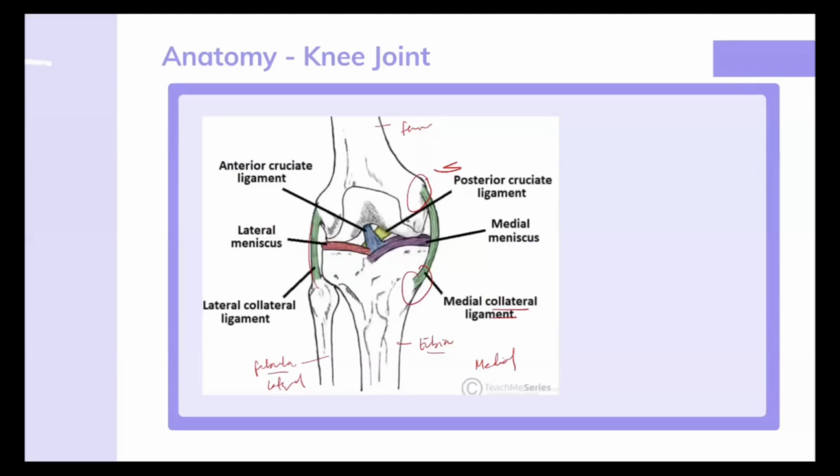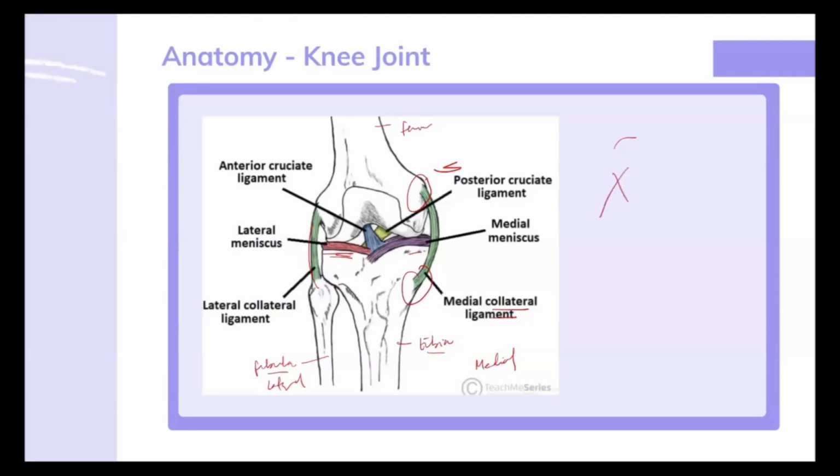Then you have the lateral meniscus, which is like a disc between the femur and the tibia. And so you have a lateral meniscus and you have a medial meniscus, and they're disc-shaped structures. A meniscus is called that because of what they're shaped like, which is like this. That's why they're called as such. And then on the posterior aspect of it, you have the anterior and posterior cruciate ligaments.